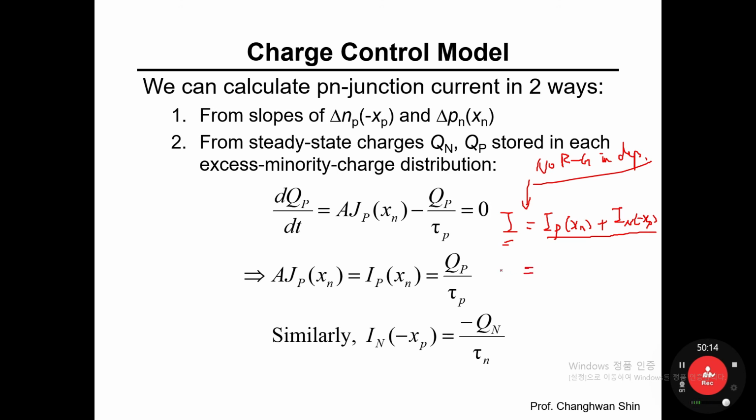Now you can plug in simply here and there, then Qp over tau p minus Qn over tau n. And Qp, let's go back to the first slide.